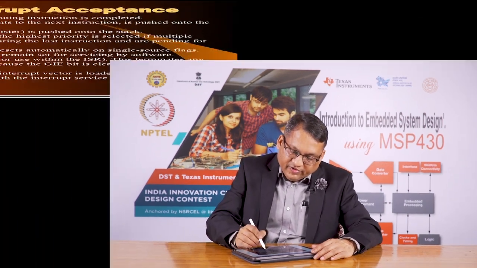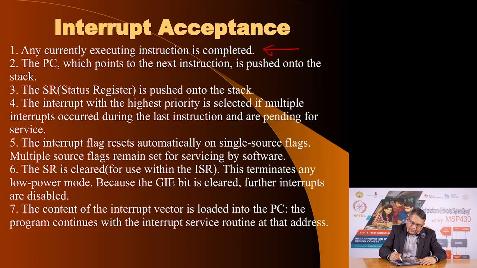At the very least, it will complete the current instruction. If it has started fetching that instruction, it will complete it, and as you know, these instructions could take 1 clock cycle or it could take 6 clock cycles. So, if in the first clock cycle an interrupt event happens, it will have to wait till the 6 clock cycles associated with the current instruction are completed.